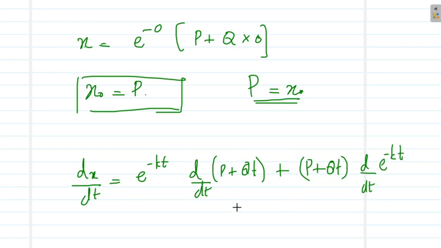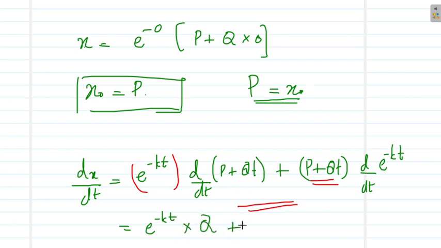So, we have used the product rule here in order to find out this differential: first into derivative of second plus second into derivative of first. Now substituting for each of this, we will get e raised to minus kt into derivative of this factor, which is simply q, plus p plus qt into derivative of this term, which is minus k into e raised to minus kt.